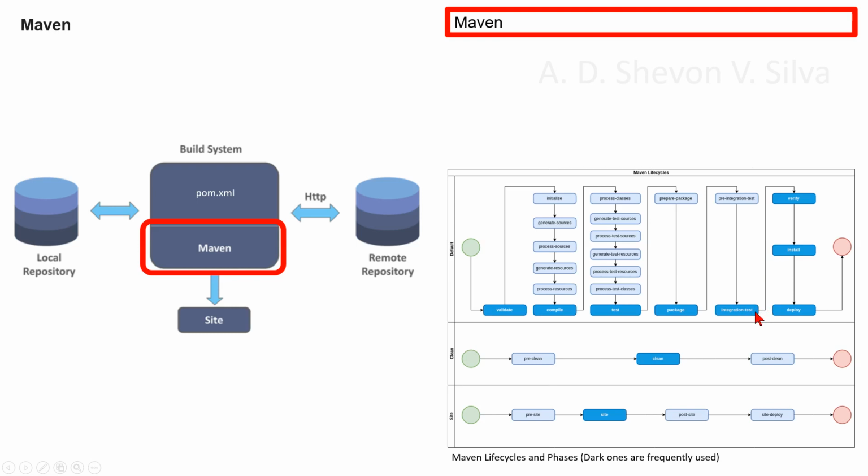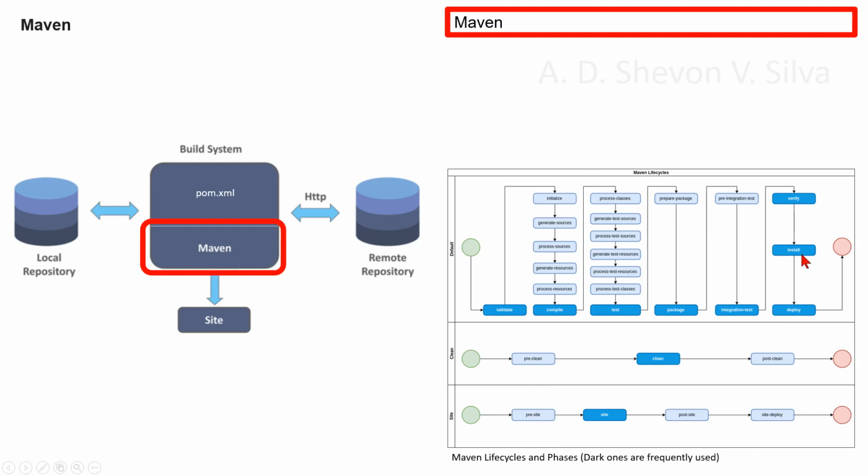And there's another phase called post integration test. It's not shown here. Perform actions required after integration tests have been executed. This may include cleaning up the environment. And then verify: run any checks to verify the package is valid and meets quality criteria.